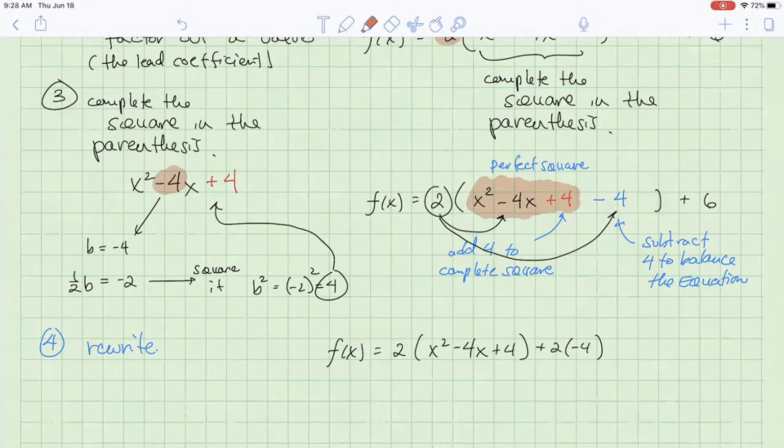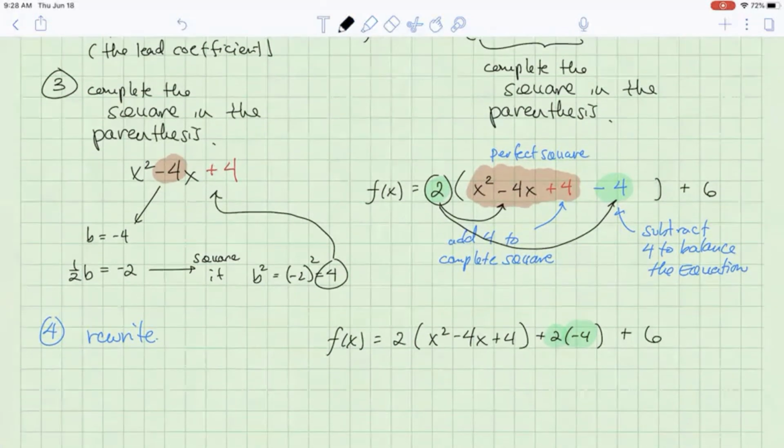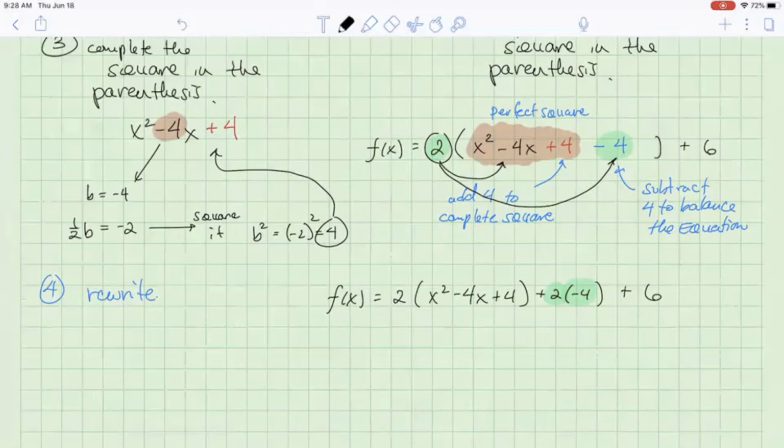But the problem is I have this extra factor of 2 out front. So I didn't really add in 4 and subtract out 4. I really added in 8, and I need to subtract out 8, which is what's going on here. Plus 6. And so by 8, I mean this 2 times this red 4 is an 8. And then 2 times the blue negative 4 is minus 8.